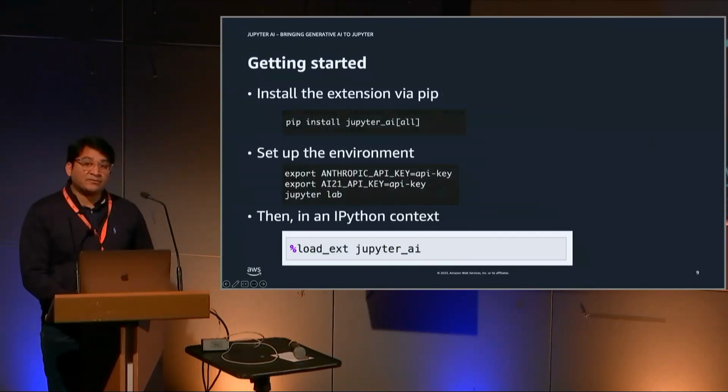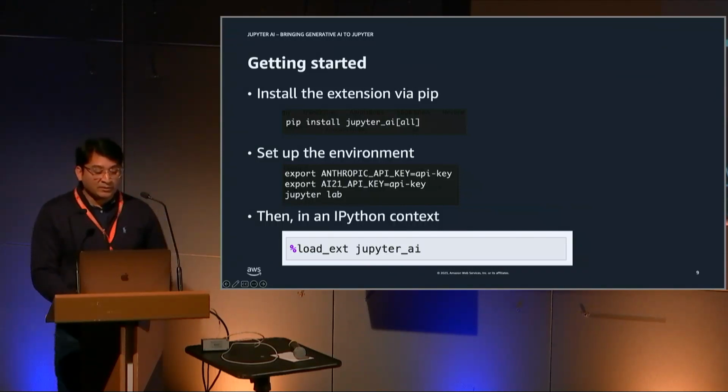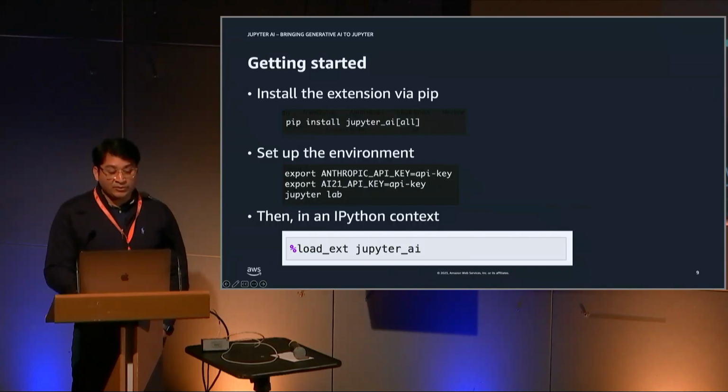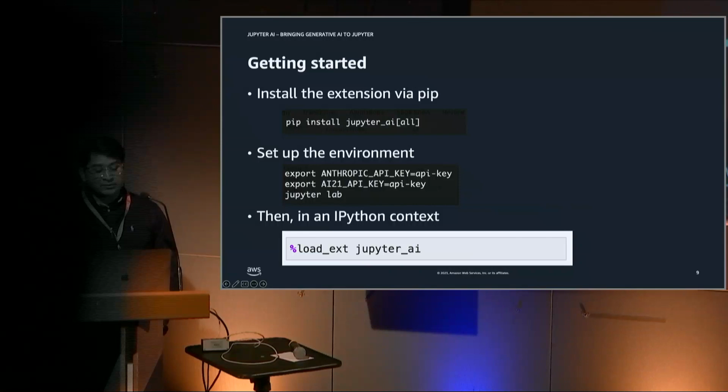So how do you get started with Jupyter AI? You can just do a pip install jupyter_ai, and it's using the all modifier here. So this will install the Jupyter AI extension, the Magics commands, and also the SDK dependencies for the providers. You need to provide the API keys for the providers that you want to use.